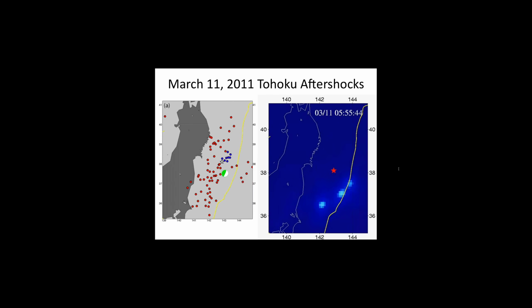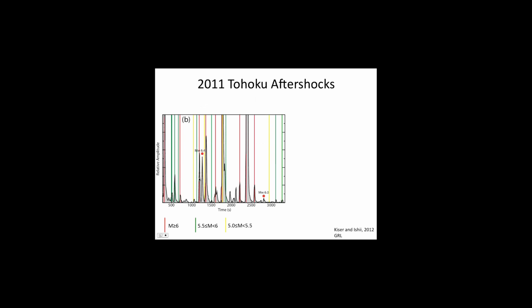So we can actually look at these larger events and try to determine the rupture areas of these events. And on the left, I'm just showing you the spatial distribution of all the magnitude 6 or above aftershocks that are in the JMA catalog. So we're going to investigate these larger aftershocks.